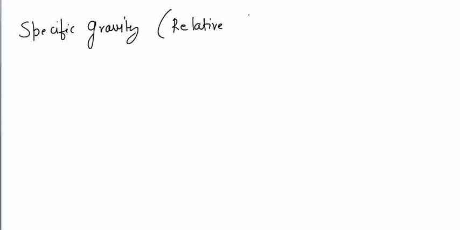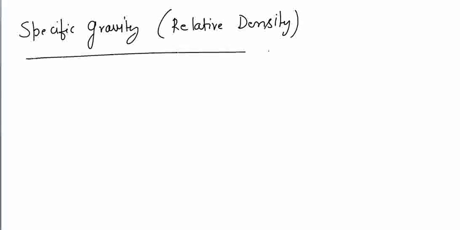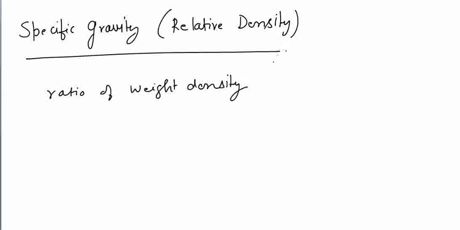Another important property which you'll encounter many times is specific gravity, also known as relative density. This property is defined as the ratio of weight density or density.